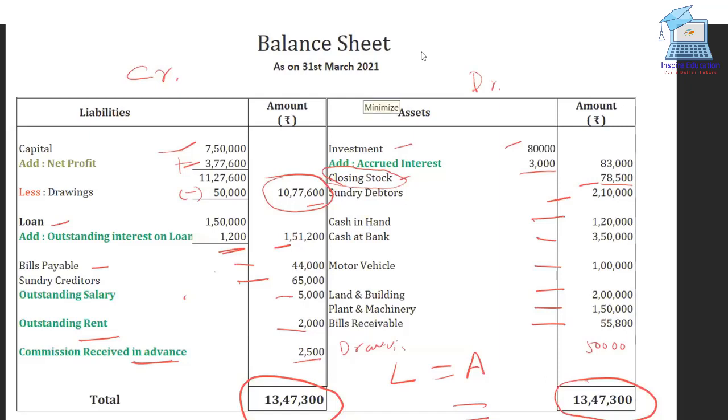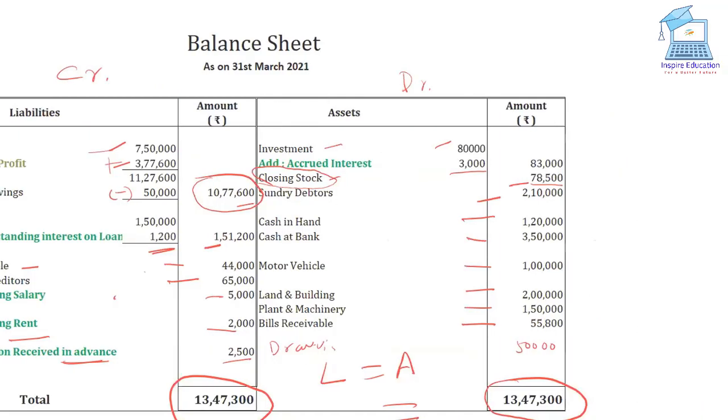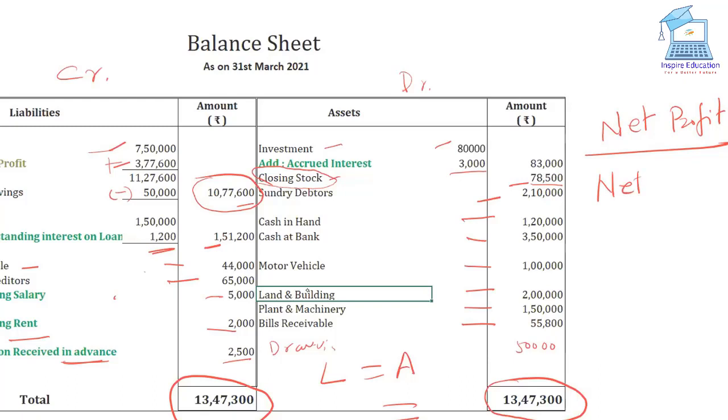Okay. So basically what happens, there is a question: net profit is asset or liability? Why is it liability? Net profit or net loss, whatever it may be.